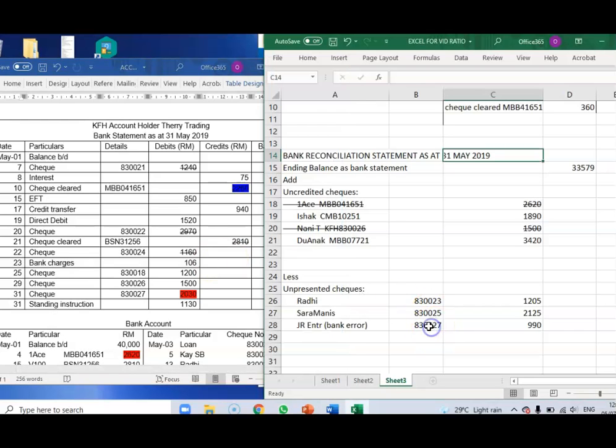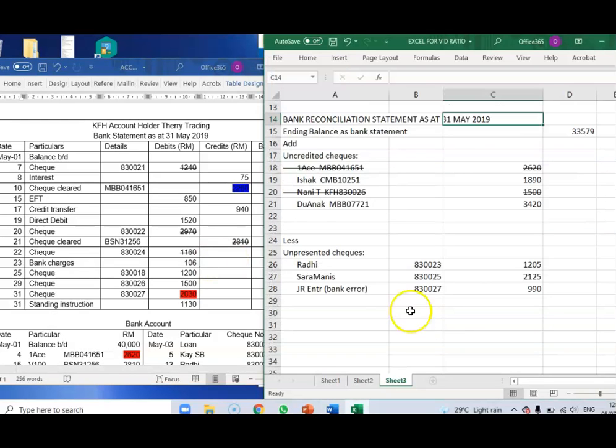So this one, you need to put a bank error. Okay, you can write the bank charges just for our reference.